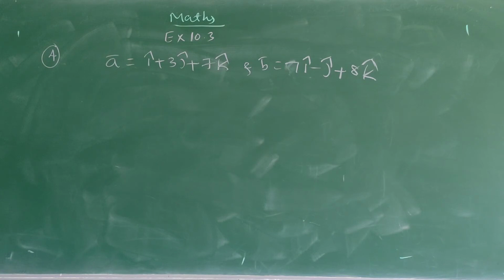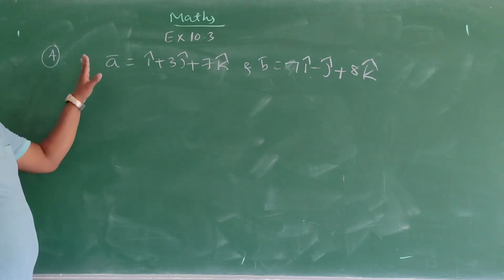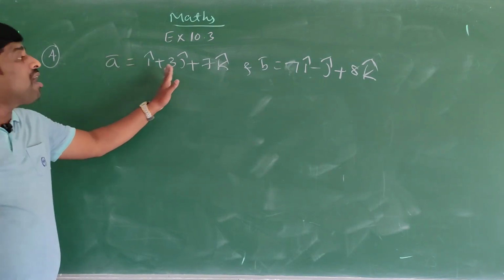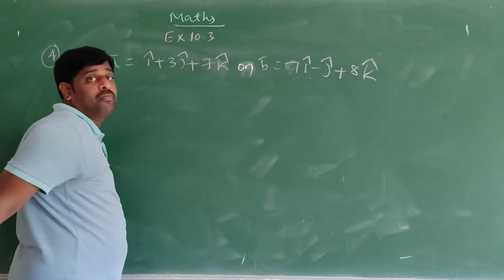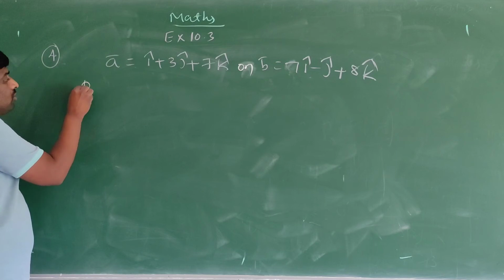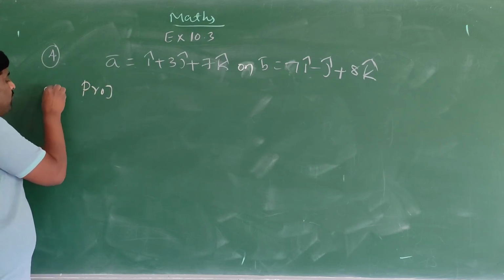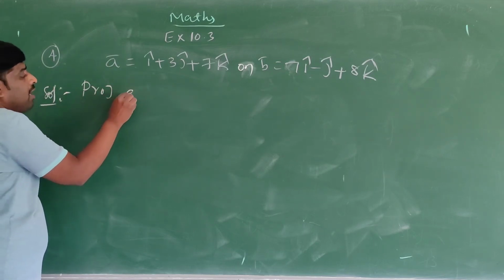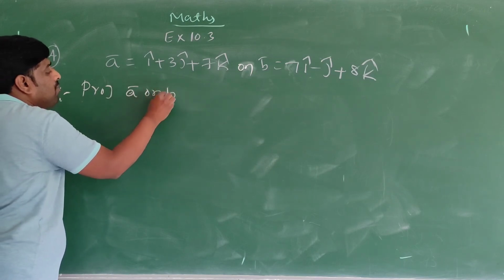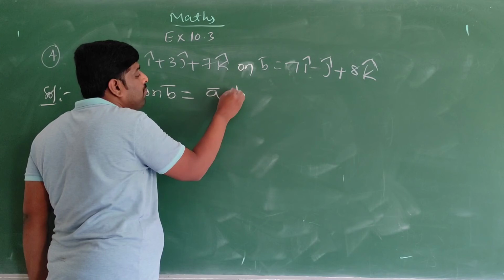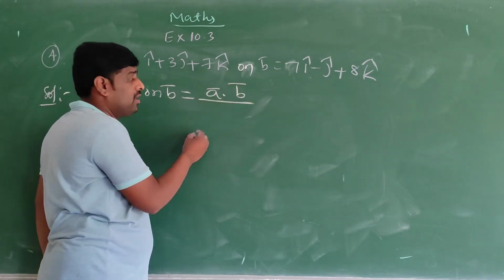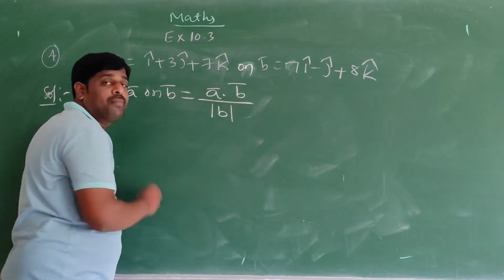The question is find the projection of A bar on B bar. Now the projection of A bar on B bar is A bar dot B bar divided by magnitude of B bar.